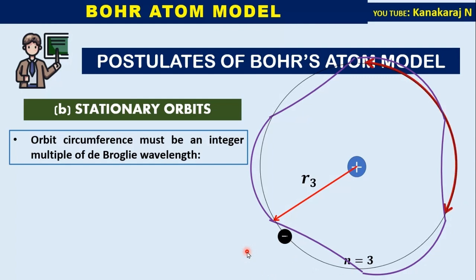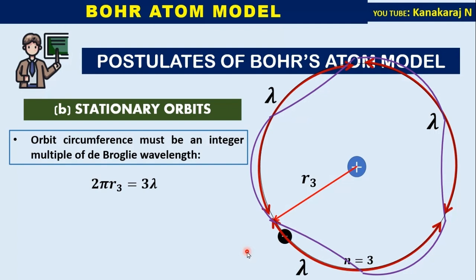First wave has wavelength lambda, second wave has the same wavelength lambda, and third wave has the same wavelength lambda. So the circumference of the third orbit, 2 pi r3, equals 3 times lambda.